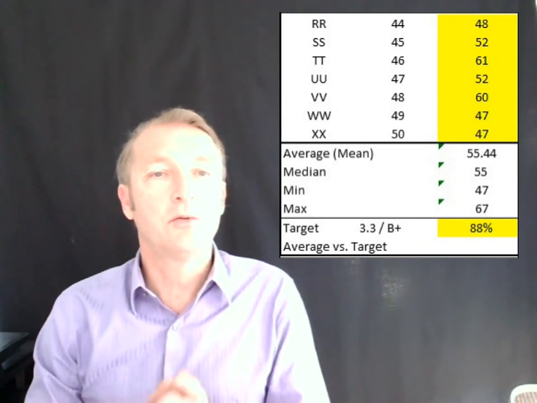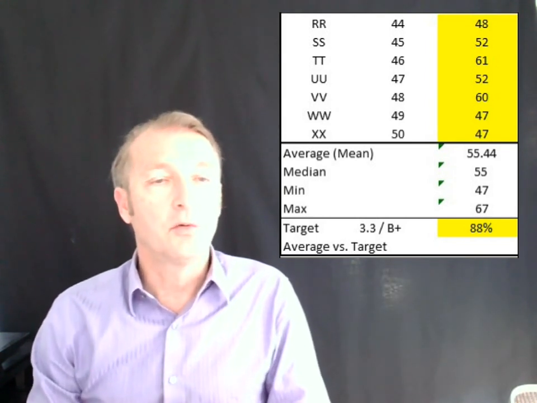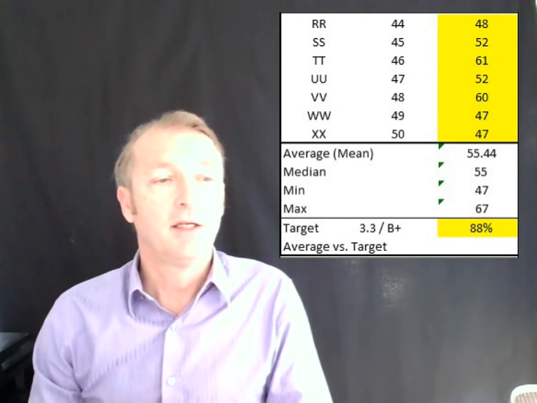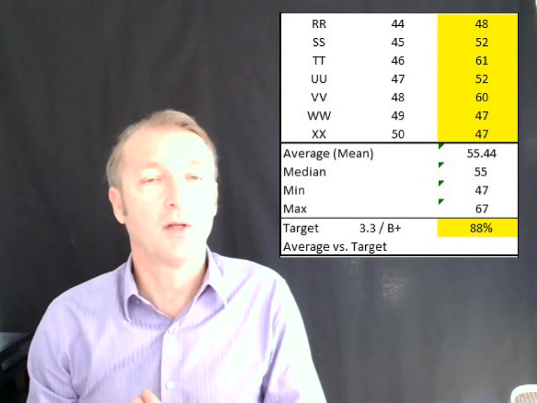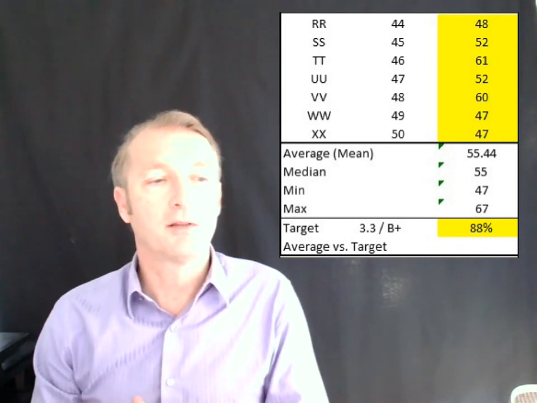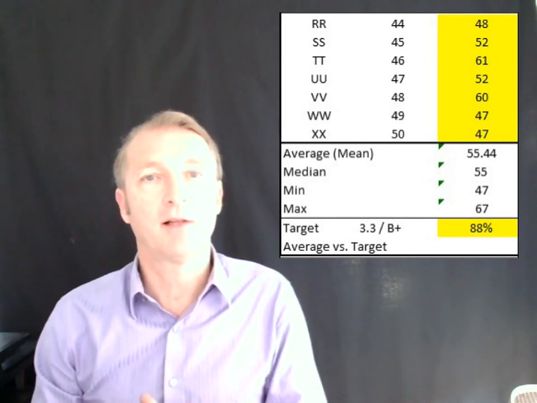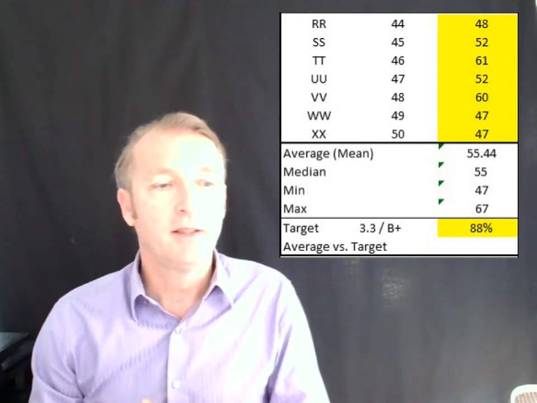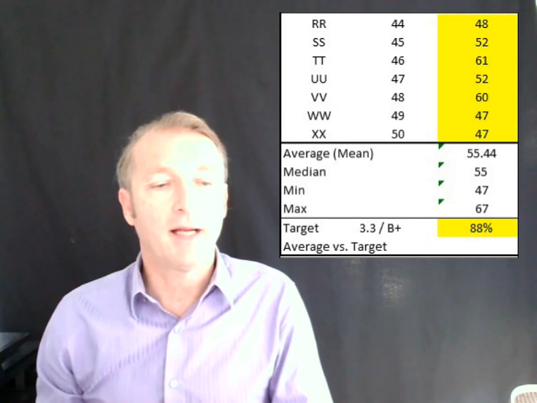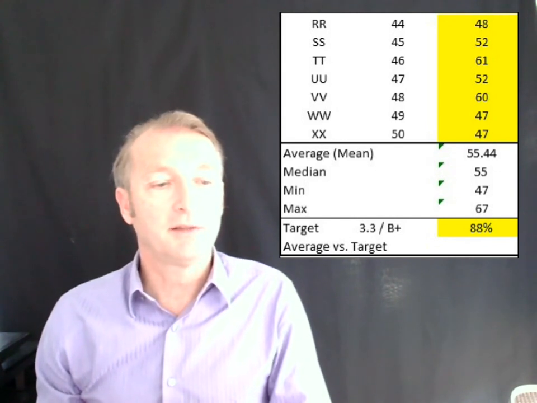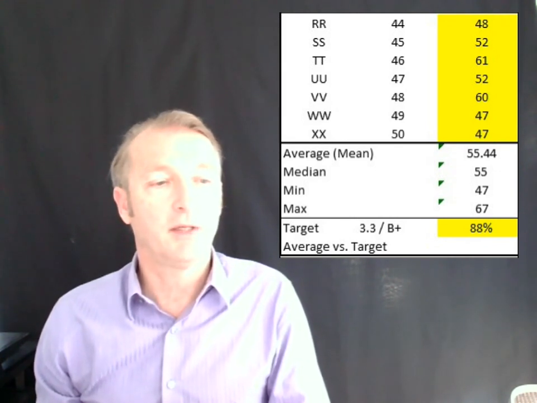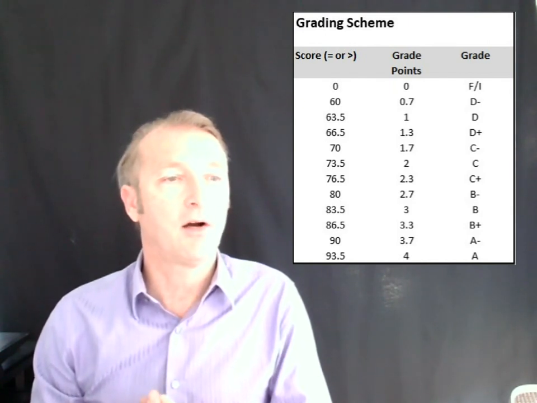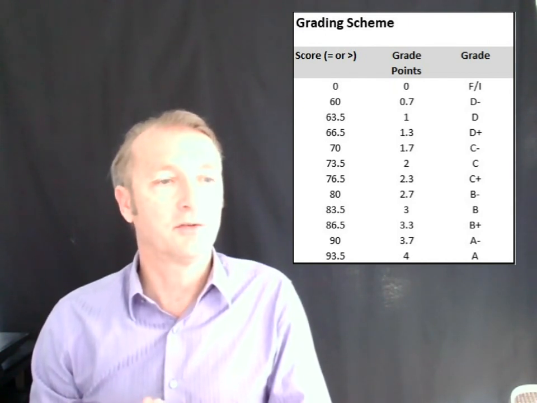Now, in order to curve the grades, you have to, of course, have a target of what you are going to curve it against. In this case, for the school I'm working for here, we have a policy that we should, with this type of class, hit 3.3 or a B plus as the average grade. I'm looking at the grade policy, and as you can see here, this is the number of points that are associated with the different scores.